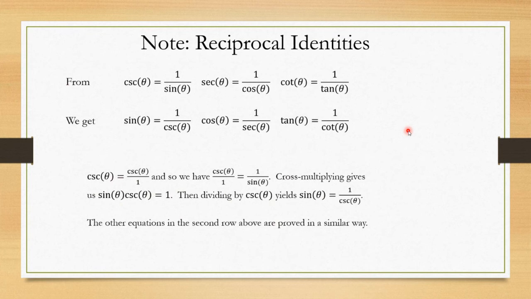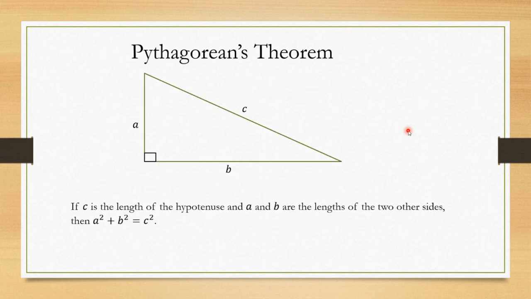And there's, of course, one more theorem here, Pythagorean's theorem. What's nice about this theorem is that for a right triangle, you can get all 3 sides if you know the length of 2 of the sides. If c is the length of our hypotenuse, a is the length of one leg, and b is the length of the other leg.